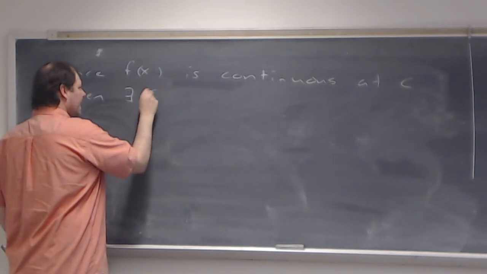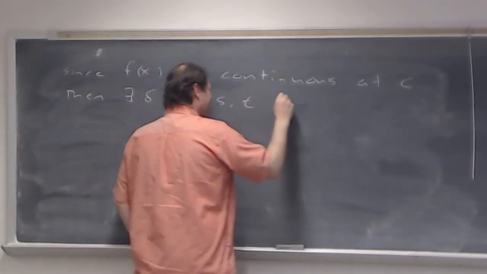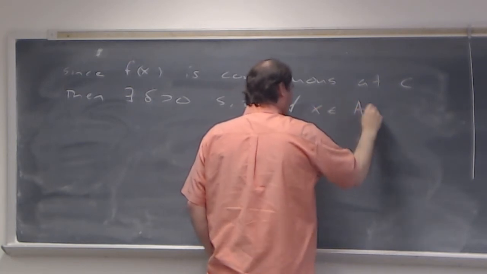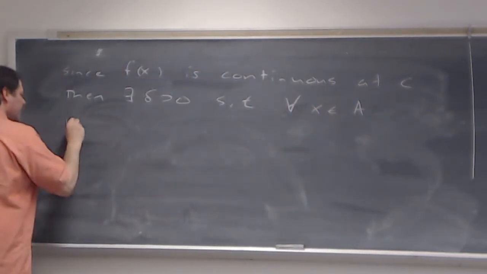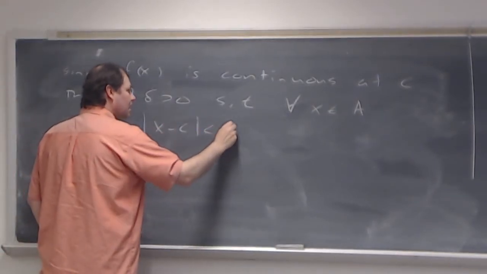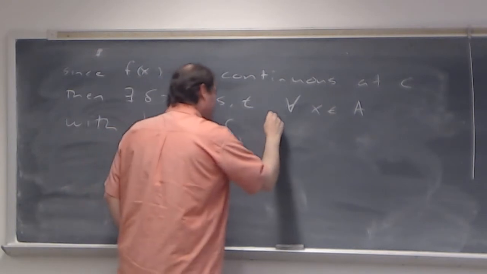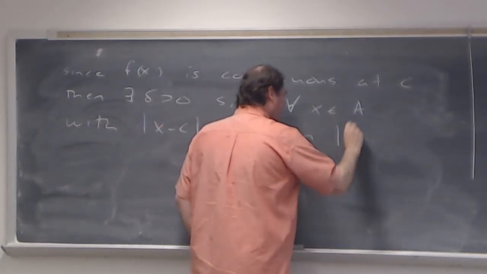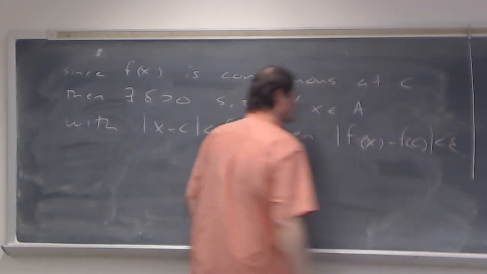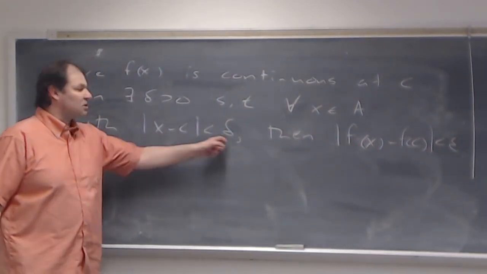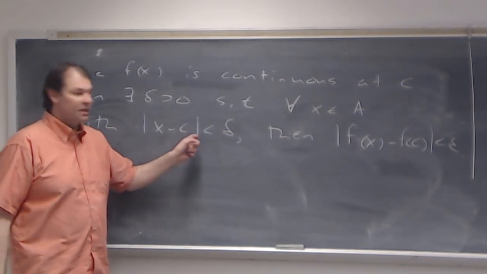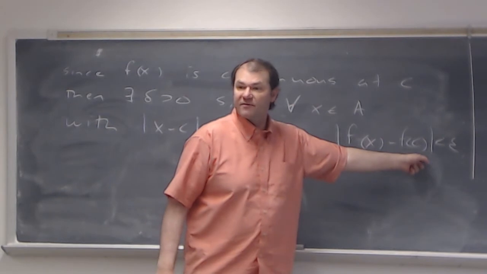So there exists a delta greater than 0 such that for all x an element of the domain A with |x minus c| less than delta, then |f of x minus f of c| will be less than epsilon. As long as the input values are close enough to c, the output values will be very close to f of c.